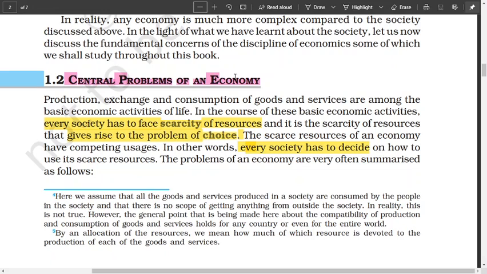The second part that we want to talk about in this class is what are the central problems of an economy. The basic problem, the main problem of any economy. It can be a rich economy, it can be a poor economy. They have the same central problem.